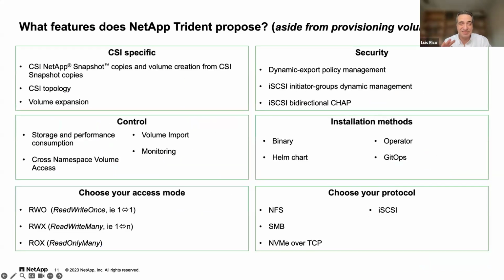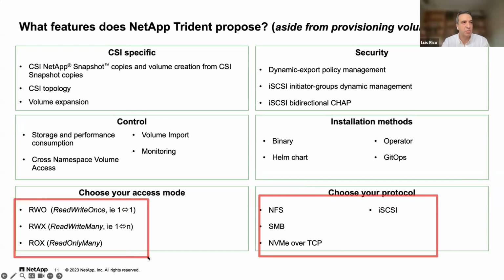Very quickly, a super fast summary of some of the features that we provide with Trident. Starting from the bottom, we have all these protocols. We started with NFS and iSCSI, NFS to provide all these access modes: read-write once, read-write many, and read-only many, and now the new read-write once pod, which I forgot to update in the slide.